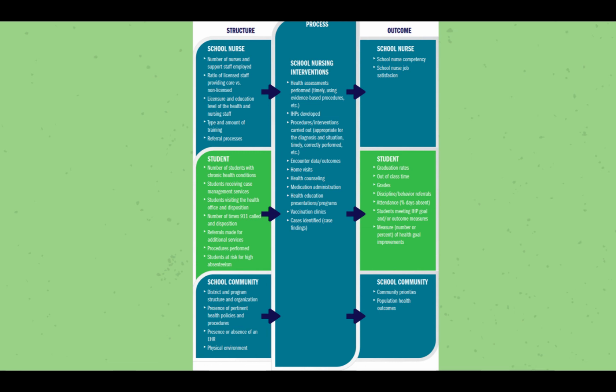So let's take a little look at this particular thing. In this model, individual schools and districts collect data that are specific to the district and or community needs and priorities. We try, of course, to make the data align with what NASN wants us to measure in their Every Student Counts program.